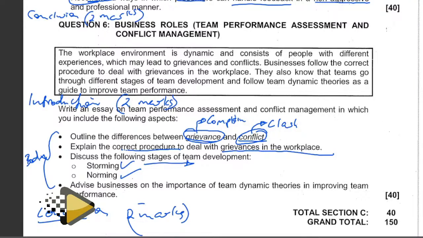So now let's move on to what we call the norming stage. Under the norming stage, roles and responsibilities are clear and accepted. Why? Because we have passed that stage where it was very difficult to integrate with one another, when it was our first time to come and work together.